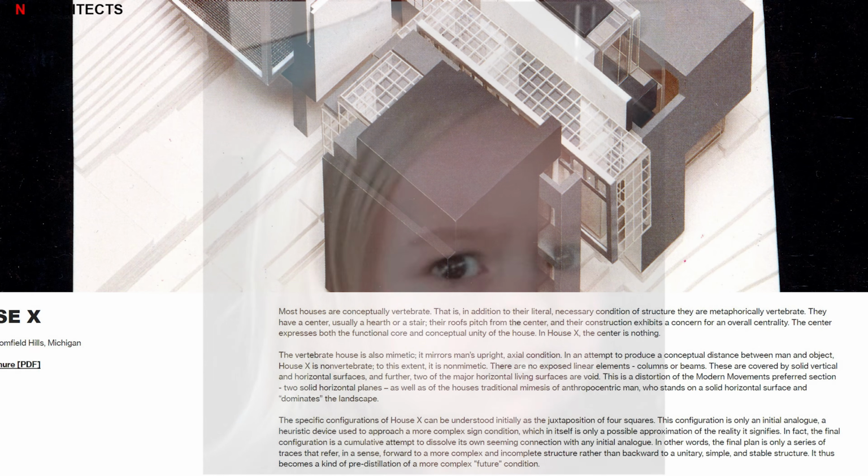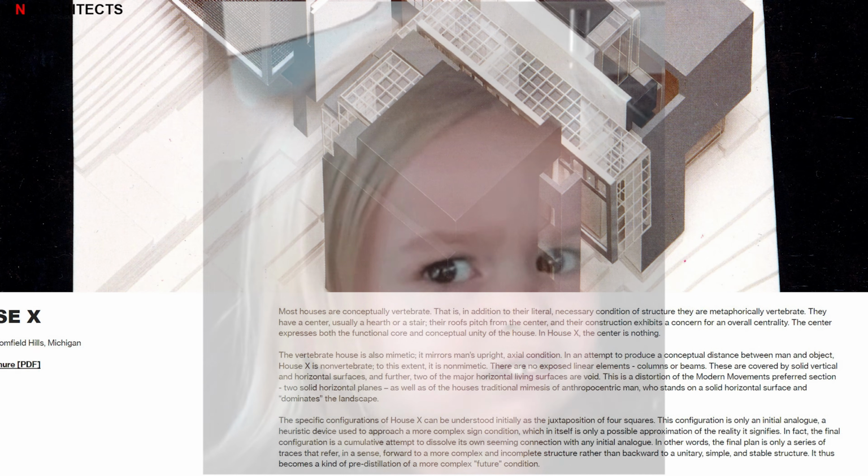The vertebrate house is also mimetic. It mirrors man's upright axial condition. In an attempt to produce a conceptual distance between man and object, House X is non-vertebrate. To this extent, it is non-mimetic. There are no exposed linear elements, columns or beams that are covered by solid vertical and horizontal surfaces, and further, two of the major horizontal living surfaces are void.